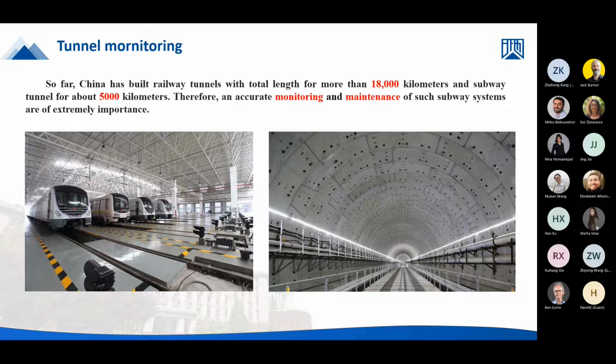Jack, do we have a lag at the moment? Yes, there should be the tunnel monitoring slide with the trains right now. I'm looking at it right now. Are you still seeing the previous slide? I'm ready to discuss the tunnel monitoring.